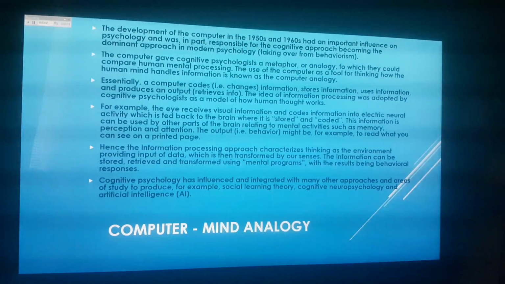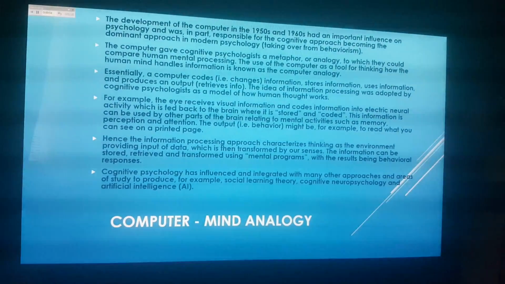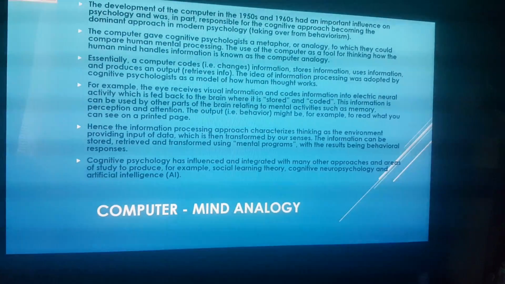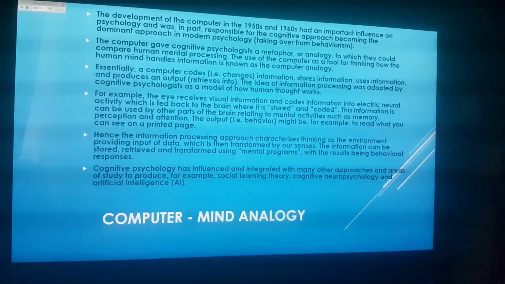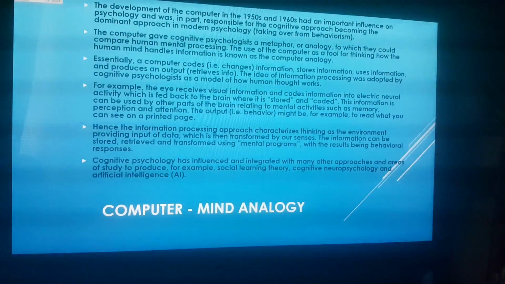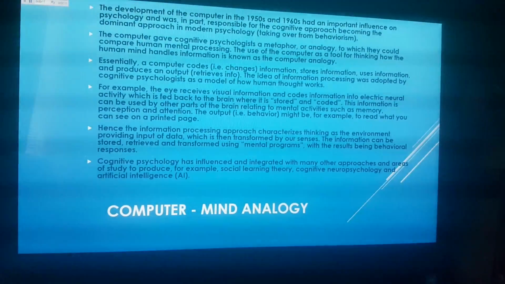The development of the computer in the 1950s and 1960s had an important influence on psychology and was in part responsible for the cognitive approach becoming the dominant approach to modern psychology.